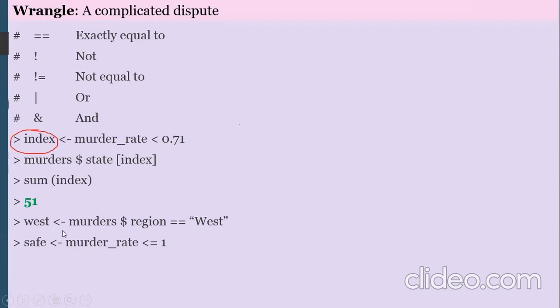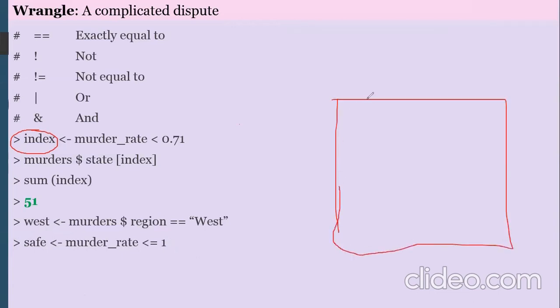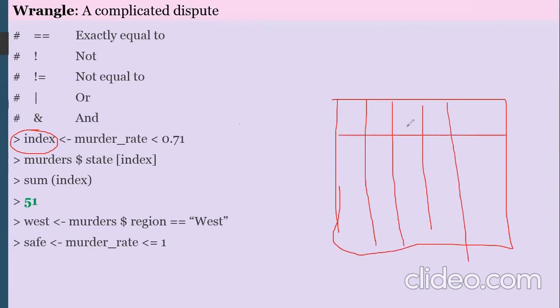Actually why we are using it is because we have the table, and that data was about the murder rates in different US states, and one column was the region. So region was like west, south, and different ones like north, and so on.